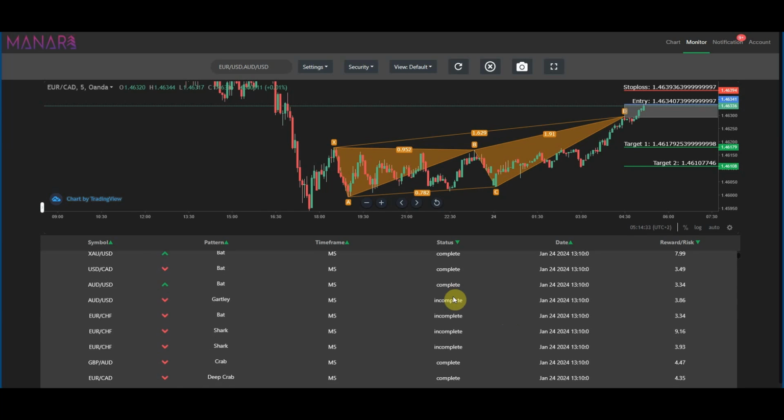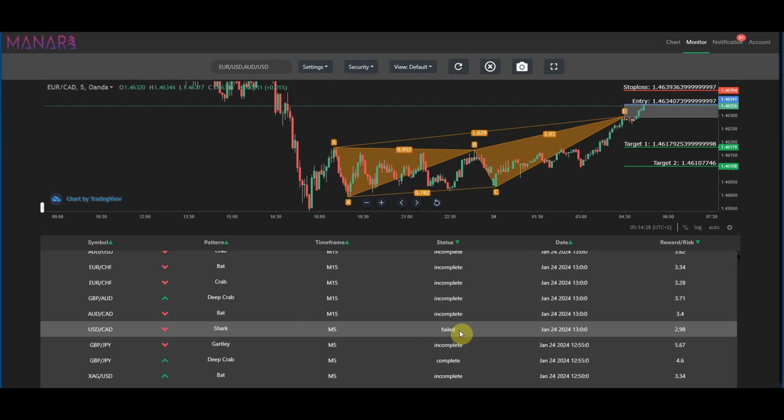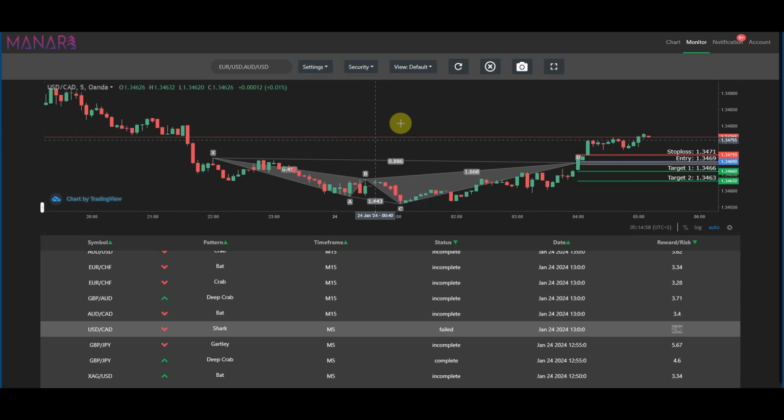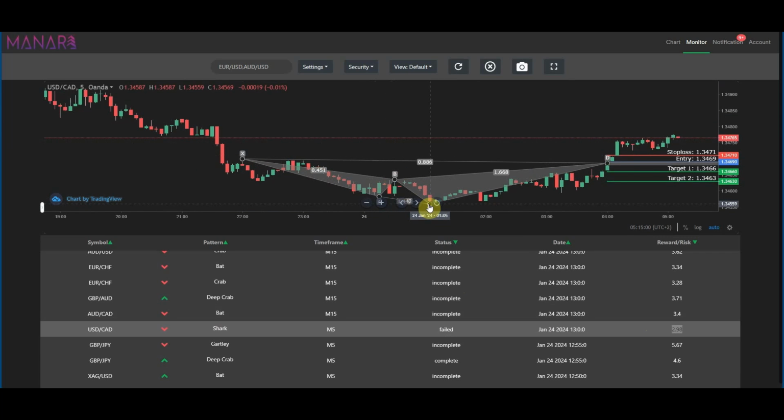Going to scroll down, so we've got our first failed trade here, so it's a US dollar CAD. It's a shark pattern, M5, so the 5 minute, and this occurred about 45 minutes ago. Risk reward of 2.98. So I'm just going to click on that one. It's going to pull up the layout of the pattern.